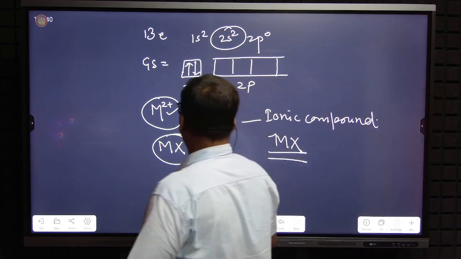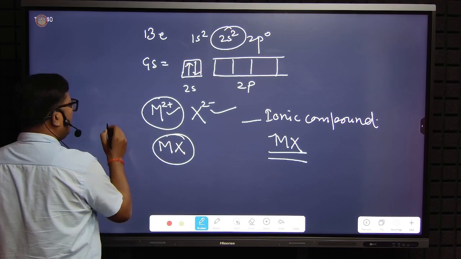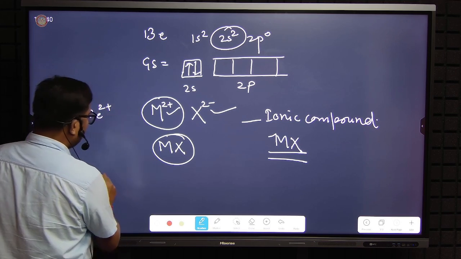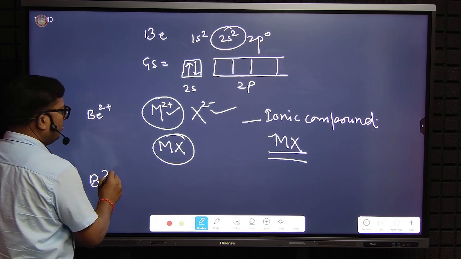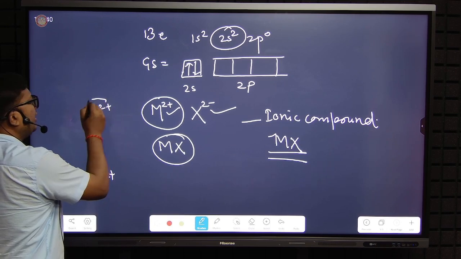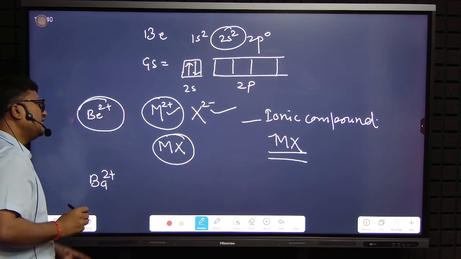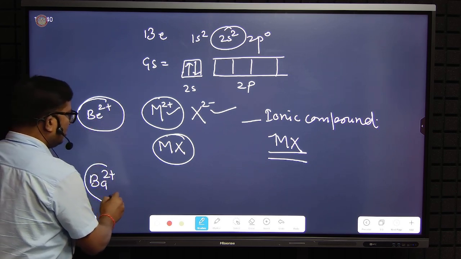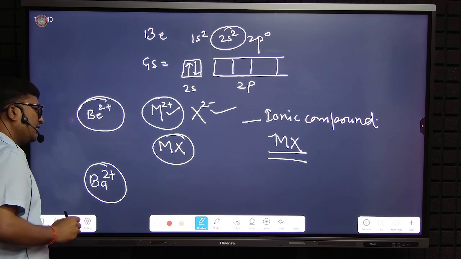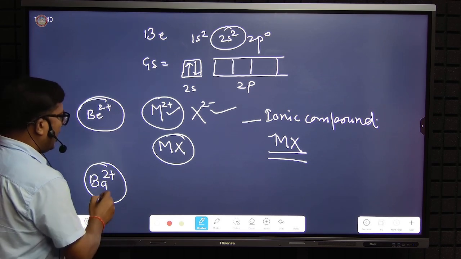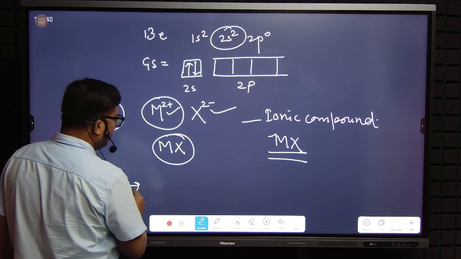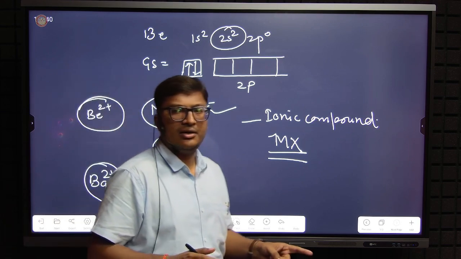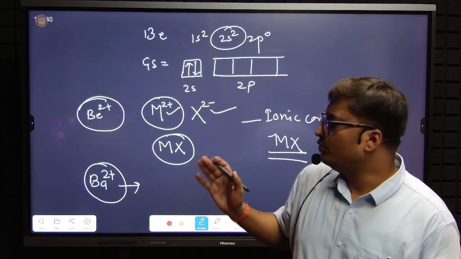Suppose this is your beryllium 2+ and this is your barium 2+. This species is very small, and this is a large species. Larger cations stabilize larger anions, as per Fajans' rules.